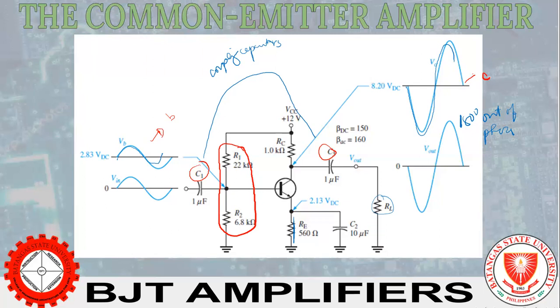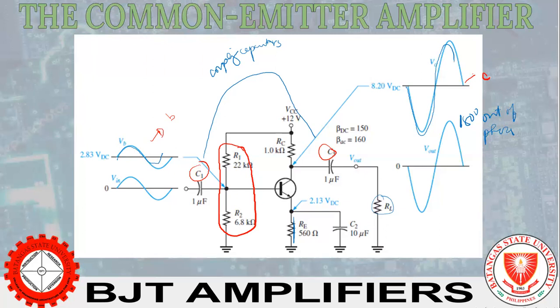So, how about the phase inversion? So yung output signal natin, which is sabi ko nga kanina, is 180 degrees out of phase with the input signal. So as the input signal voltage changes, it causes the AC base current to change. Okay?